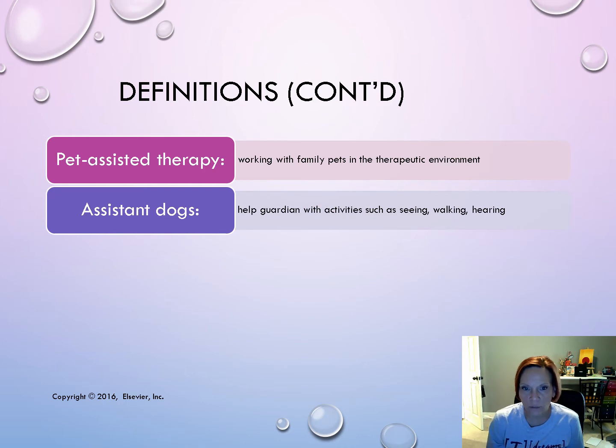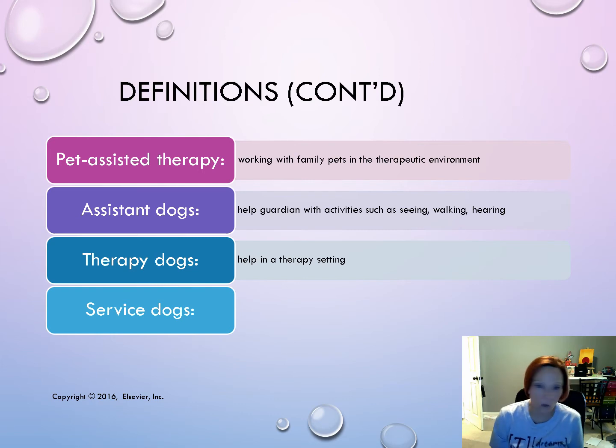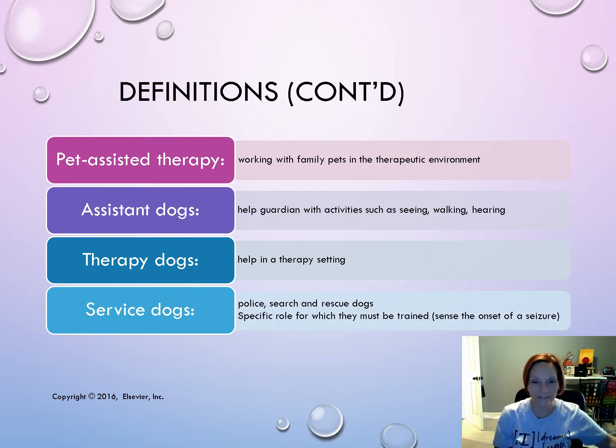Assistance dogs help their guardian with activities such as seeing, walking, and hearing. Therapy dogs help in a therapy setting. Service dogs, as my dog is sitting here looking at me, police or search and rescue dogs have a specific role for which they must be trained, and some sense the onset of a seizure. Several of these can be found on Facebook.